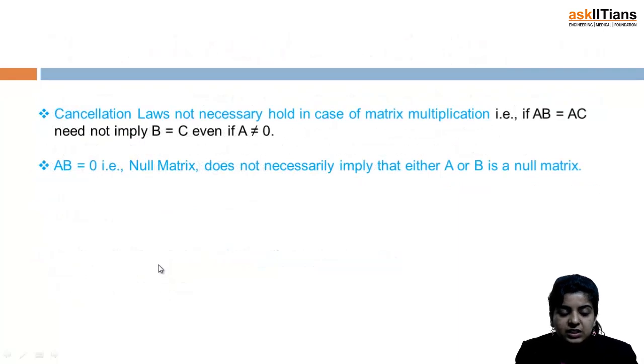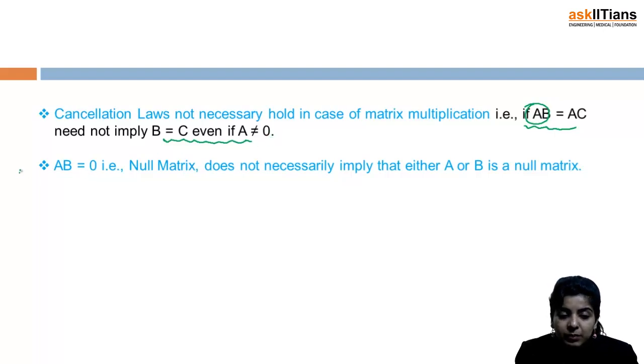Now next is cancellation laws not necessarily hold good in case of matrix multiplication. That means suppose we get the product of matrices A and B, AB equal to AC, that need not imply that matrix B is equal to C even if A is non-zero, right?